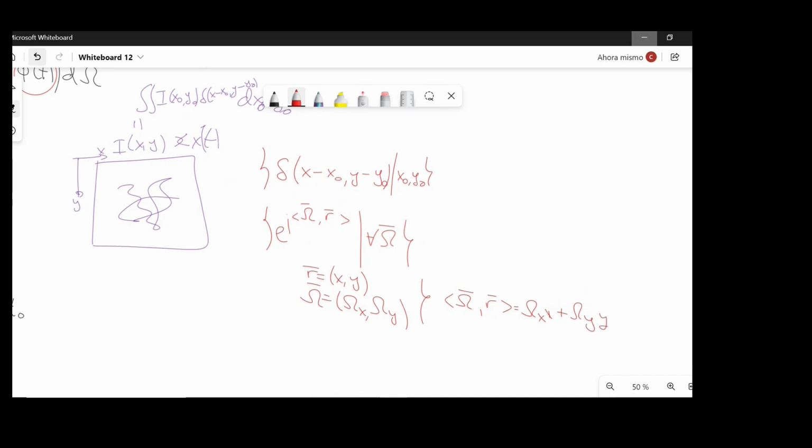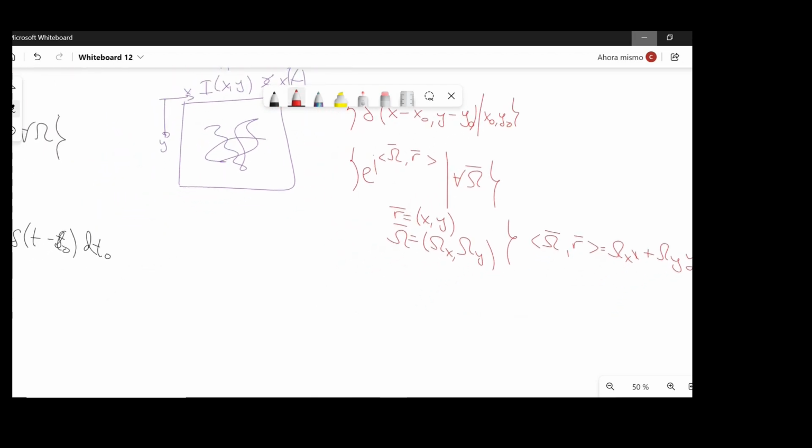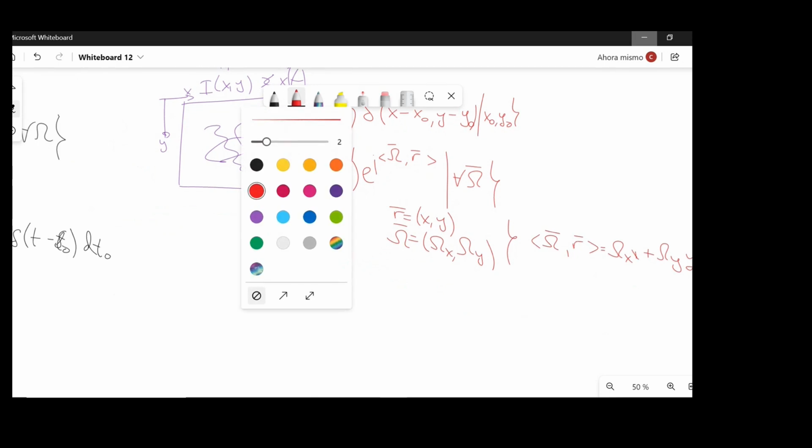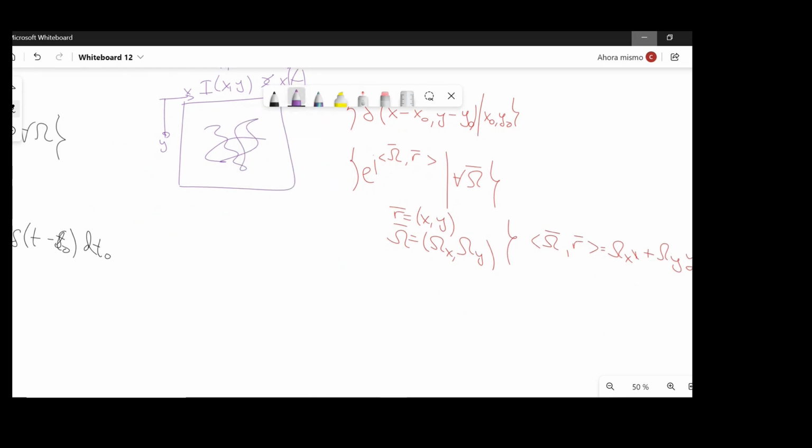So now my Fourier transform looks like this. I have an image at a particular location, and I want to compute the Fourier transform at a given frequency, and now my frequencies are vectors.